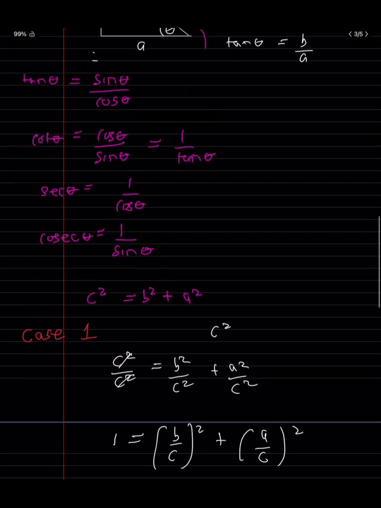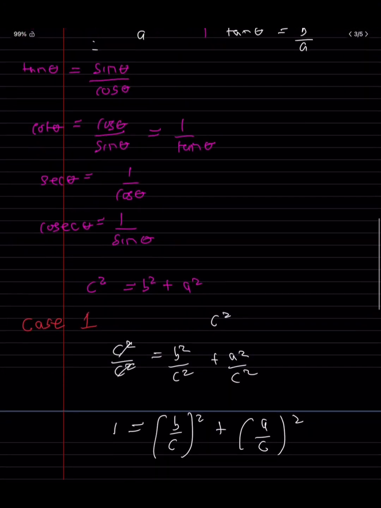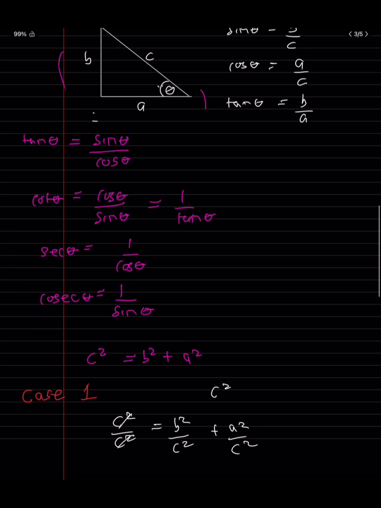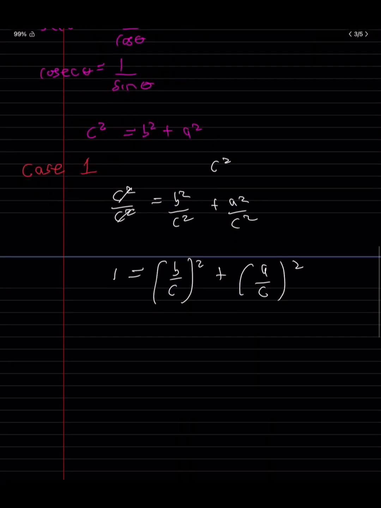Looking at the various trigonometric ratios that we generated, a over c is cos theta, and b over c is sine theta. So we can say that 1 is equal to (sine theta) all squared plus (cos theta) all squared.